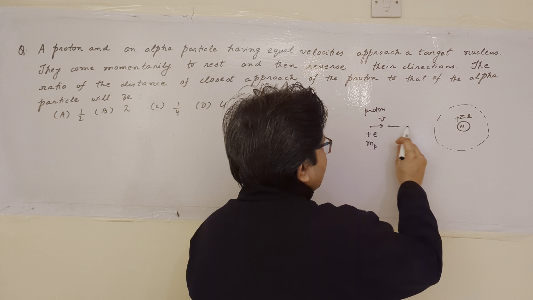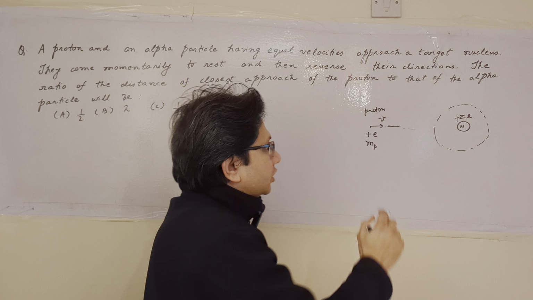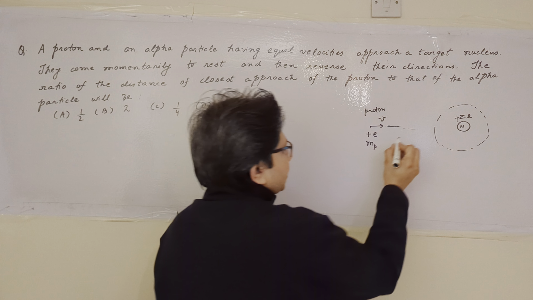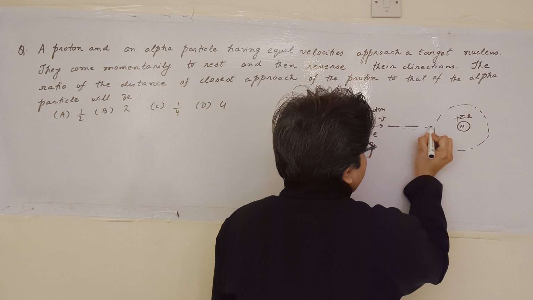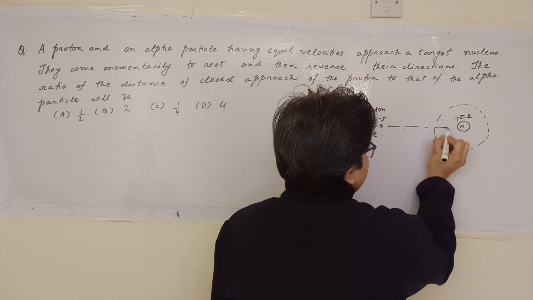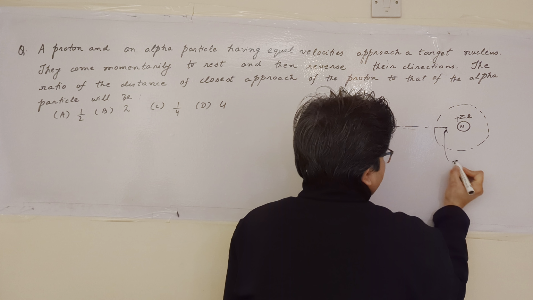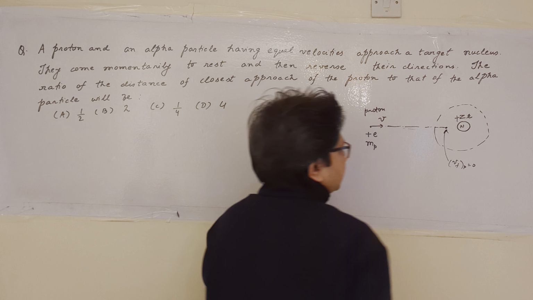Now, when the proton is approaching here, its velocity decreases. The velocity of the proton decreases. It goes like this. At a certain final instant, the final velocity of the proton becomes zero.